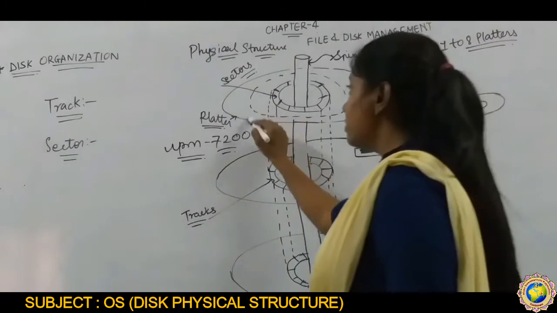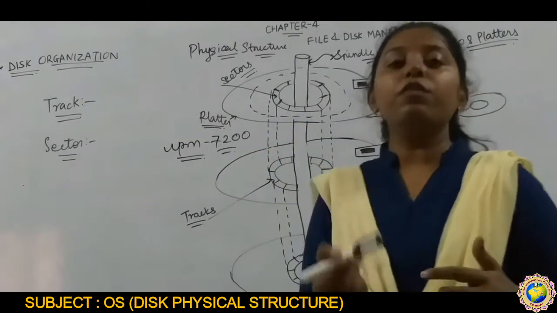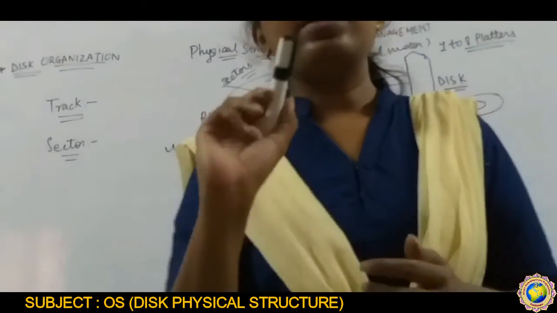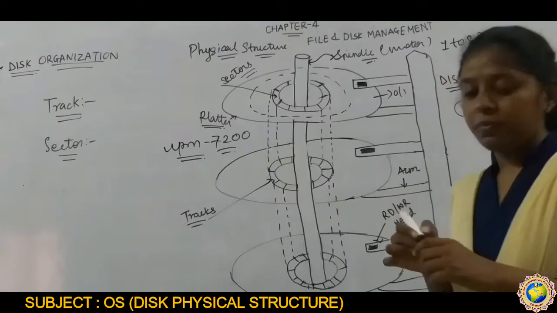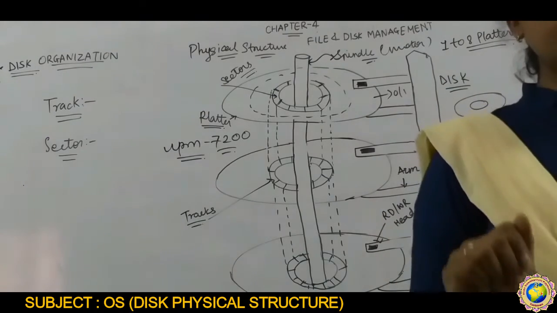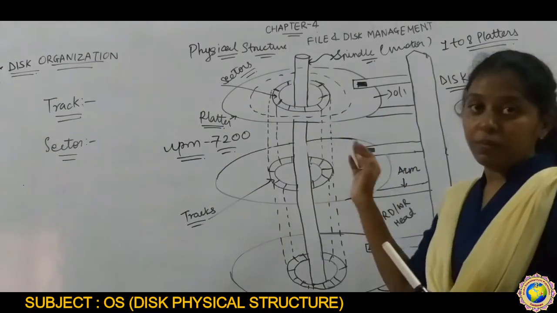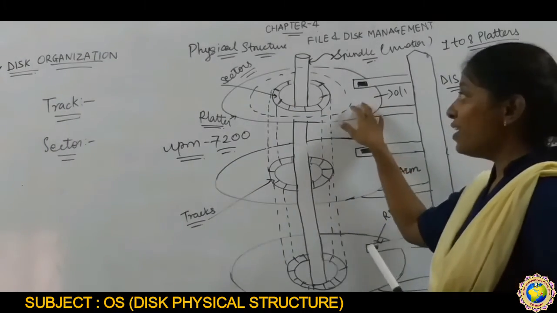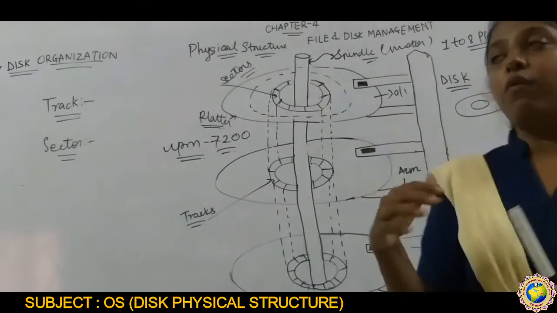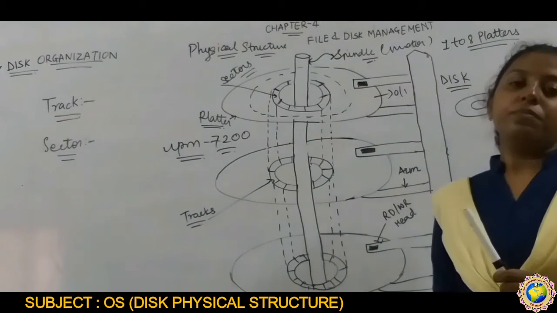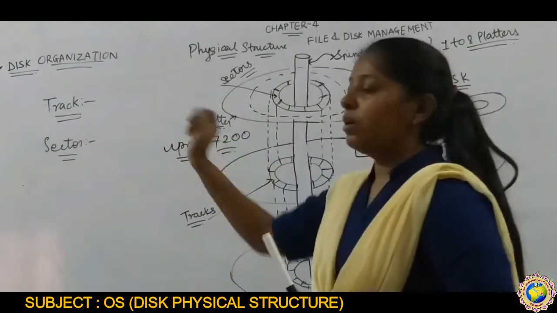On this surface data will be stored in the form of binary, that is 0 or 1. Binary data is stored on the surface, and on this surface there may be thousands of tracks.